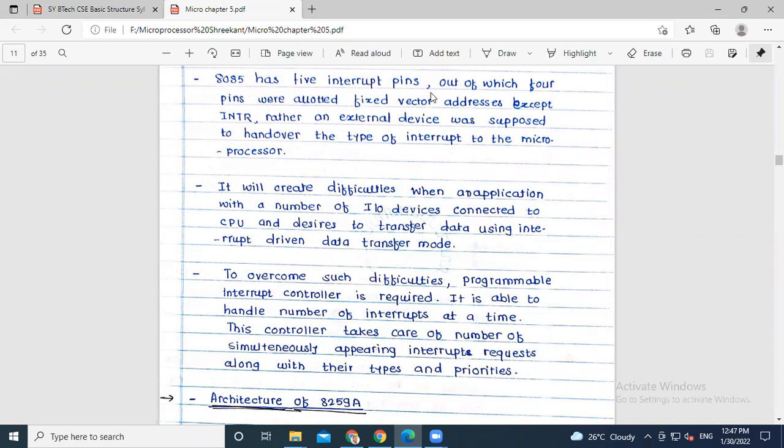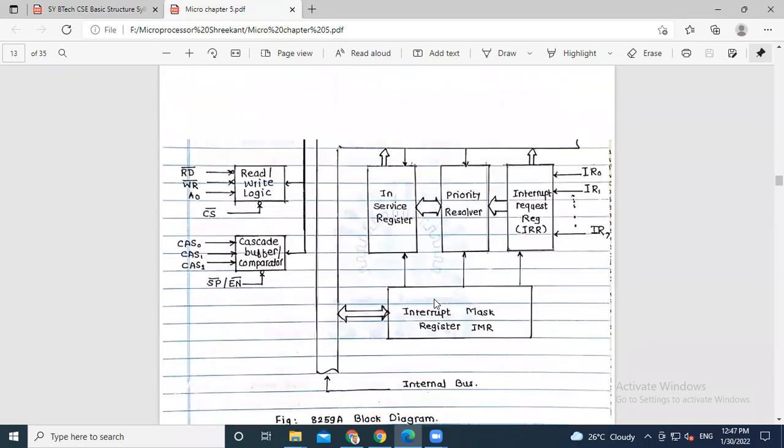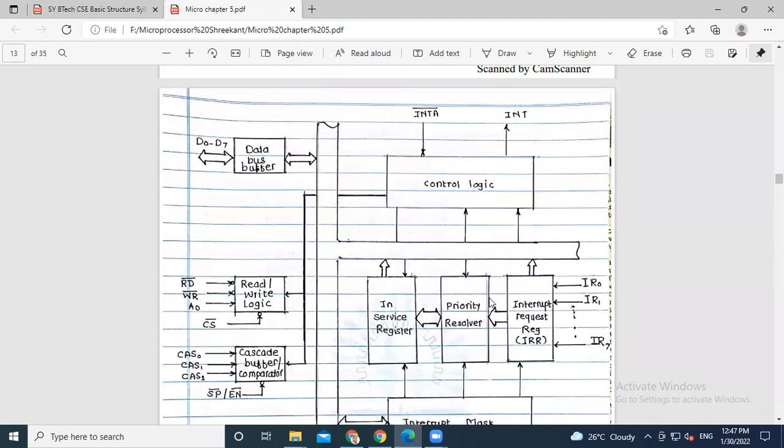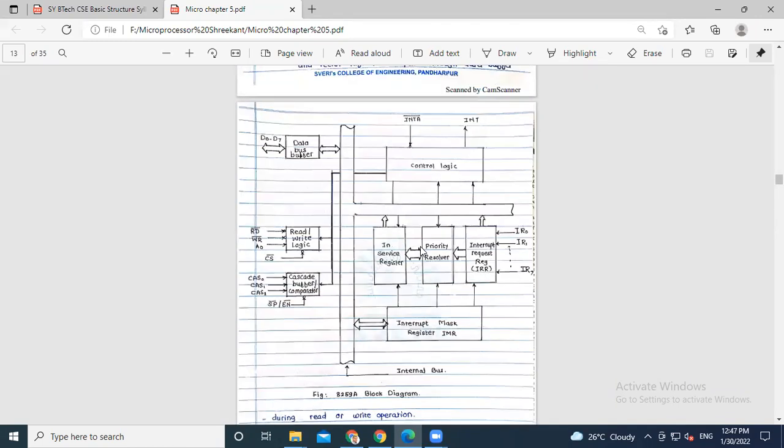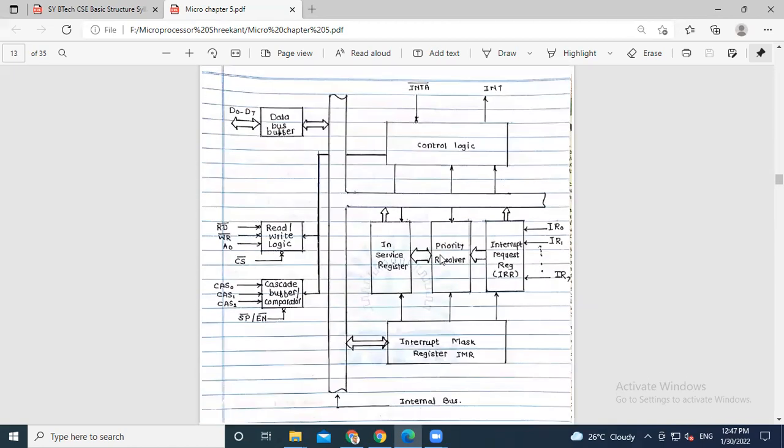Okay, so this is the architecture of the 8259. This architecture we have to explain. I think it is visible to you. In the architecture, there is a data bus buffer, read and write logic, cascade buffer comparator, in service register, priority resolver, interrupt request register, interrupt mask register, control logic, interrupt acknowledgement, and interrupt request 0 to interrupt request 7, and mainly we call this an internal bus.